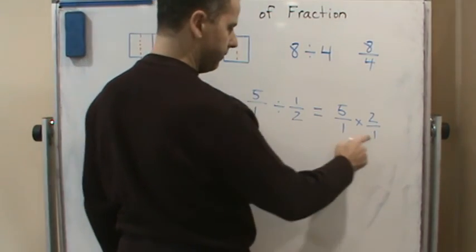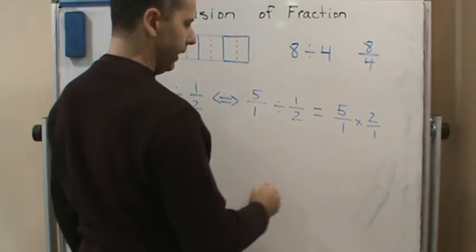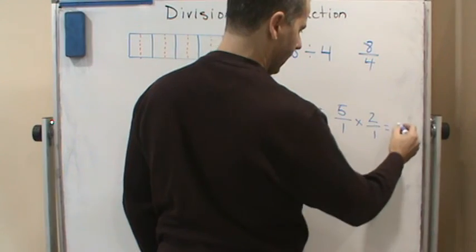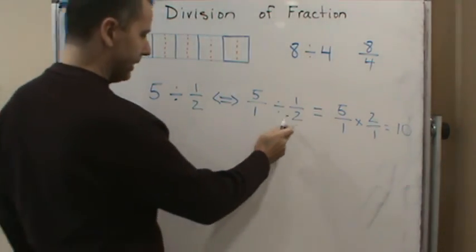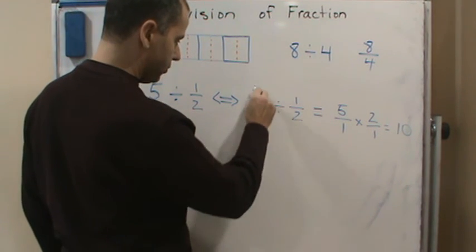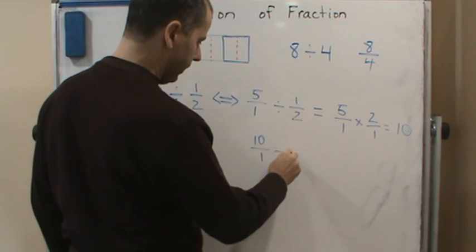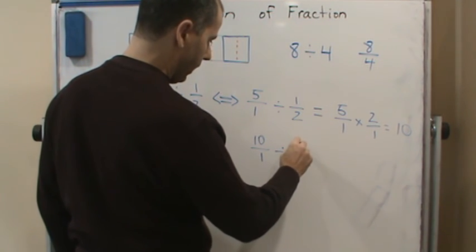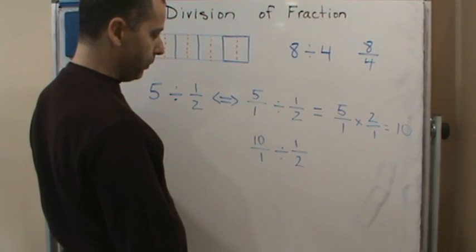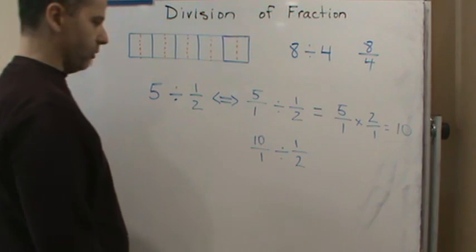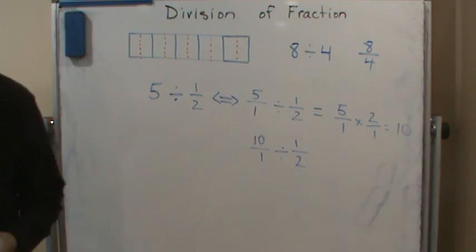I have to flip, or take the reciprocal of, the divisor. If I multiply across the top, I get 10. Notice I get the exact same thing as when I got the common denominator. When I multiplied by 2, I got 10 over 1 divided by 1 over 2, and I end up with the same answer when I divide the top and the bottom. And that always works.